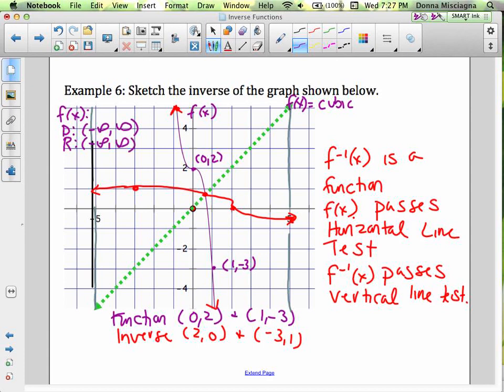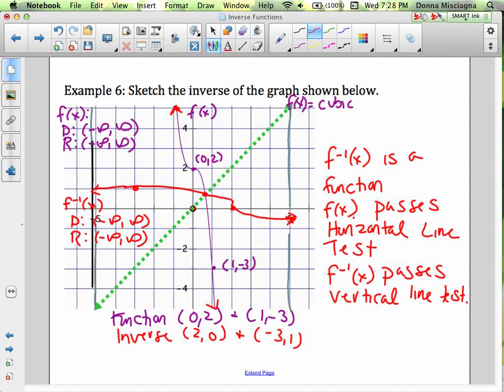How about our inverse? Well, you can definitely see it's going out, right? It's not stopping. It's going to keep on going. There's no stopping it. Let me just rewrite that. There we go. So our inverse domain, also all real numbers, and our range is all real numbers.